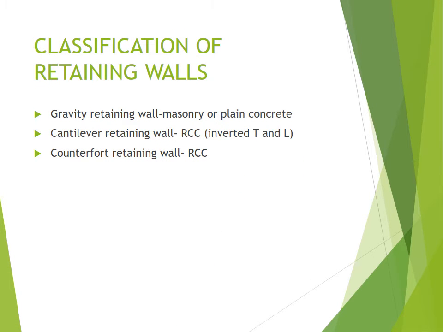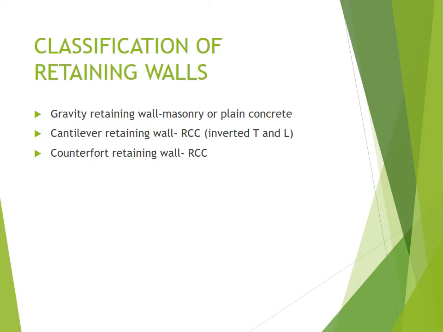Now we have classification of retaining walls. We have three major classifications of retaining wall according to the drawings that we have, and also we have some photos that we'll see at the end of this lesson. So the first classification is gravity retaining wall. Then we have cantilever retaining wall and counterfort retaining wall.